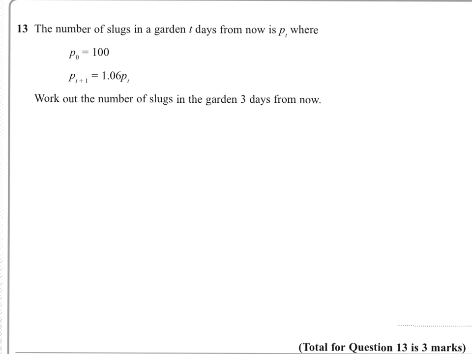Question 13. It says the number of slugs in a garden T days from now is P subscript T, where P subscript 0, i.e. when our population is started, when T is 0, is 100 slugs. And then there's an iterative formula where to get the next amount of slugs we have to multiply the previous amount, population, by 1.06.